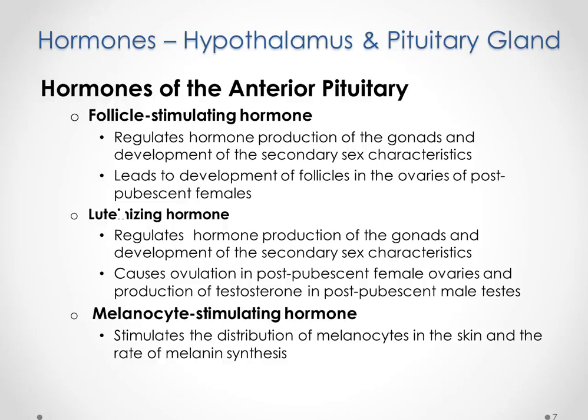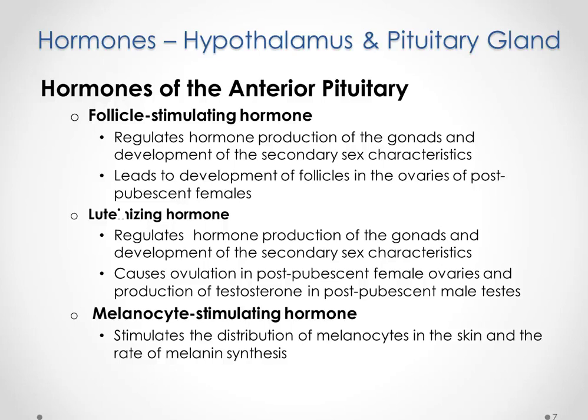And in post-pubescent females, this follicle stimulating hormone is going to cause the follicles to develop and mature in the ovaries. Now, the luteinizing hormone is going to have a lot of similar functions as follicle stimulating hormone. It is going to act on those gonads to help stimulate the production of the gametes, and it's also going to play into the secondary sex characteristics. But one thing specifically for females that luteinizing hormone is going to do is cause ovulation.